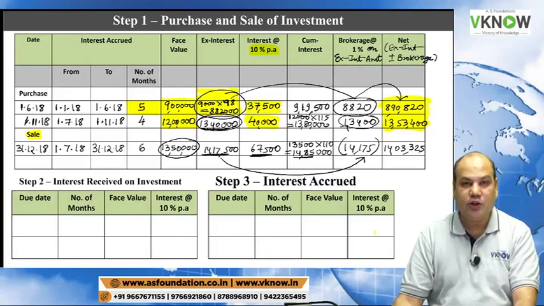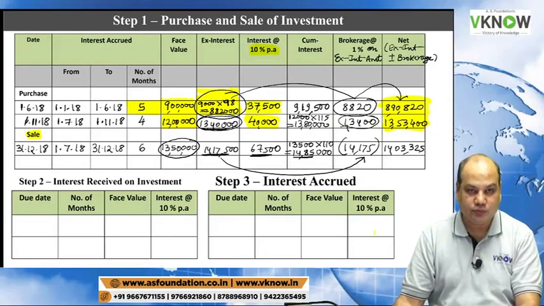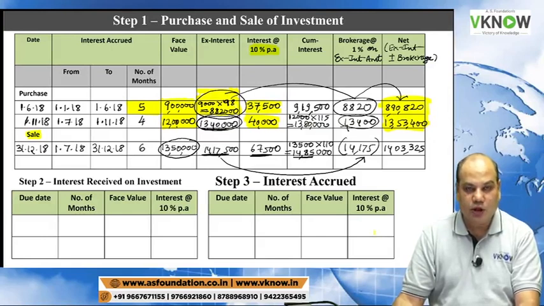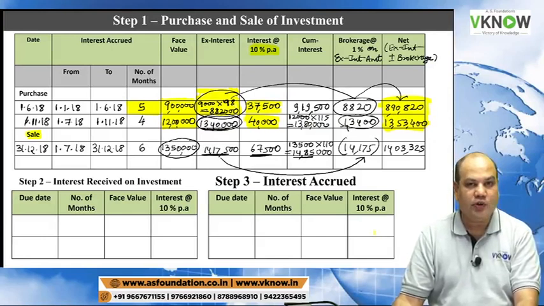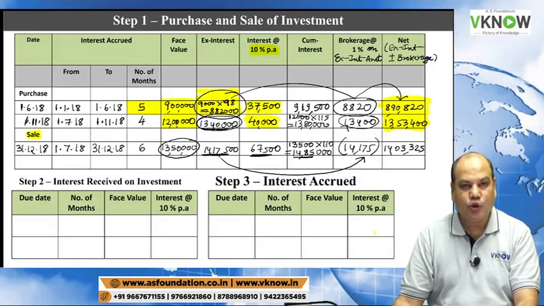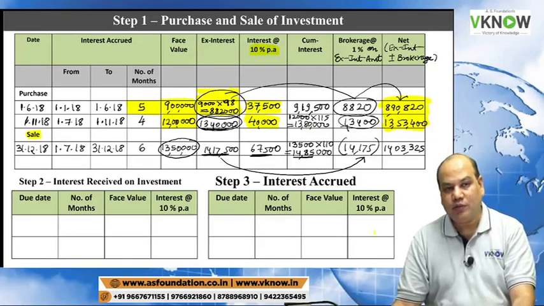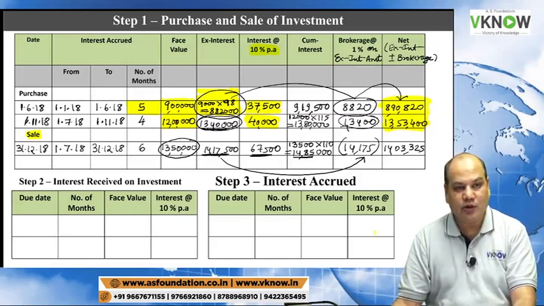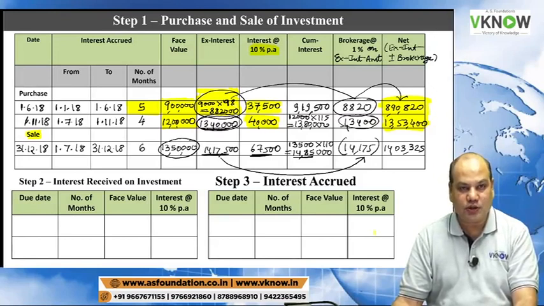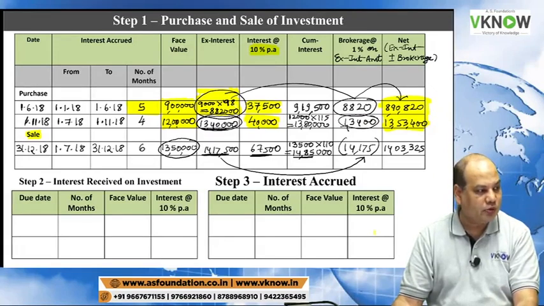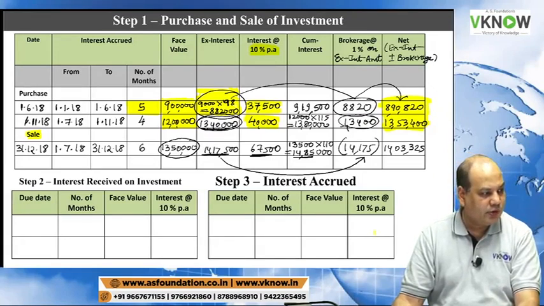So this completes one important working note. Any query on this? Note I have dictated. Brokerage is to be added when you are buying the investment. Brokerage is to be deducted when you are selling the investment, because we have to pay brokerage on both occasions, at the time of buying and at the time of selling.